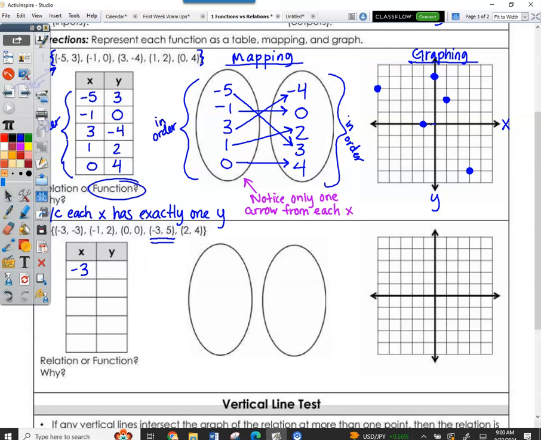You don't have to erase yours and rewrite it. But ideally, we would have listed it in order. You may have had the -3 down here, that's okay. And now that's going to change how my y looks because I listed mine like this.